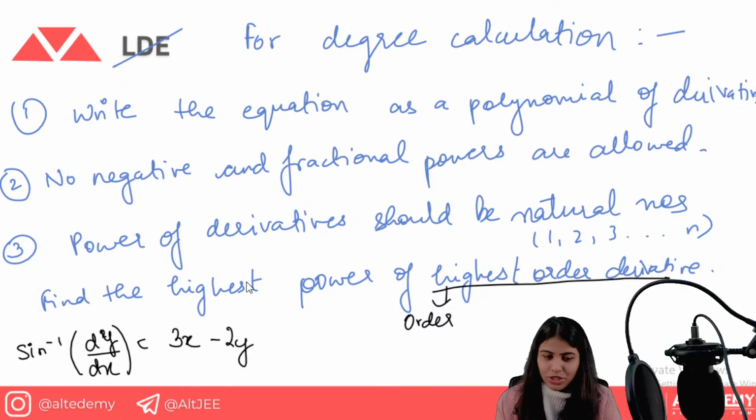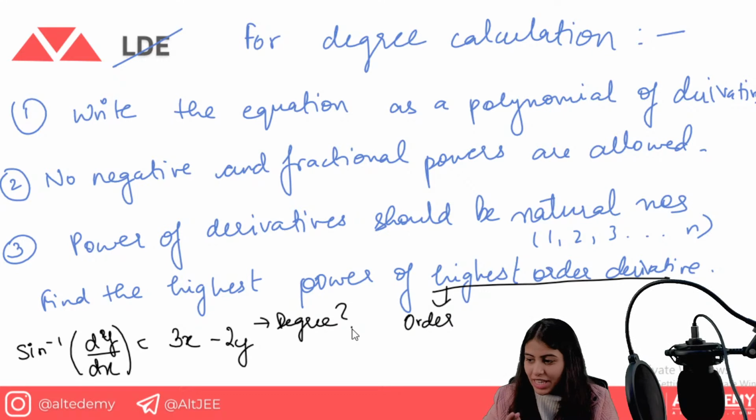So this is the equation now, guys. Now tell me what will be the degree of this equation. Find out the degree of this equation. You have to answer me what the degree is. I have written these rules, and if you are not able to, you can also tell me that it is not defined. But just think about it and let me know if you can find the degree of the equation.